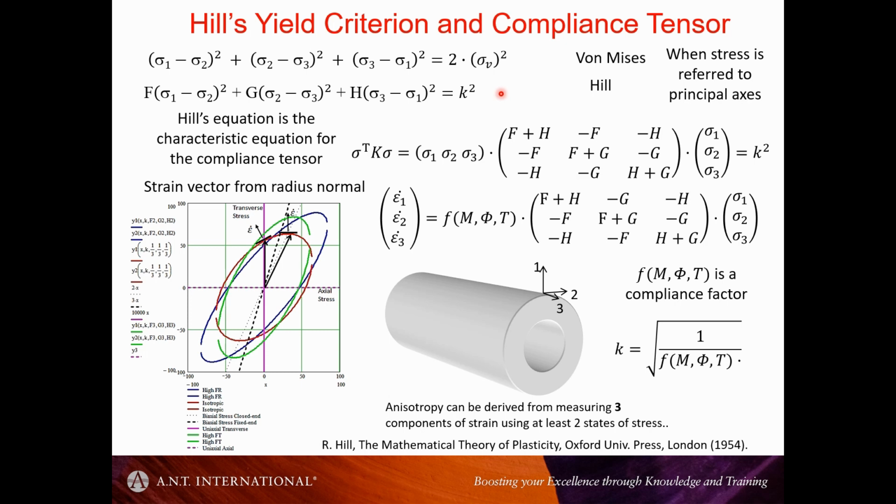But it turns out that if you approach the problem from different directions, Hill did it in terms of work done and energies, just like Eshelby would have done, and Peach Koehler for slip and stuff like that. If you approach it from a tensor perspective, you get the same answer.